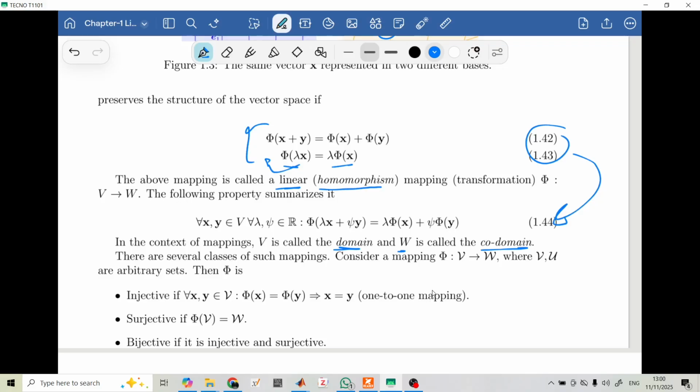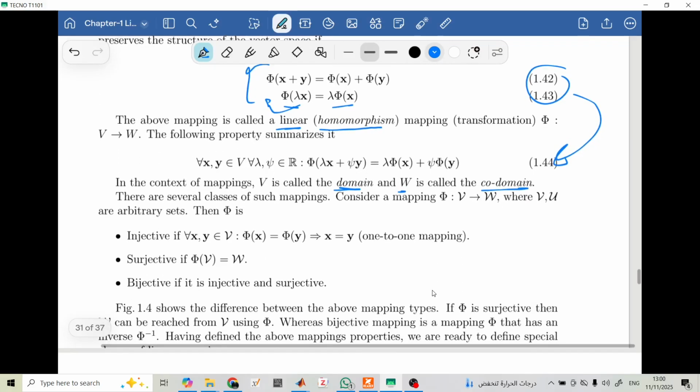Right. So again, we would like to define a few properties of such mappings. Now a mapping is injective if for all x and y belonging to the domain V, the mapping of x equals the mapping of y if x and y are equal.